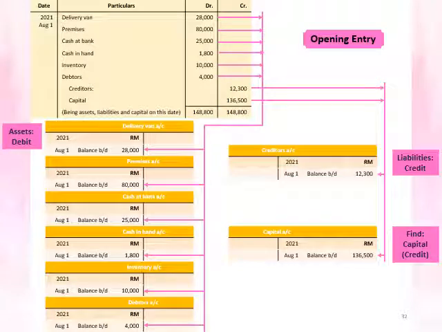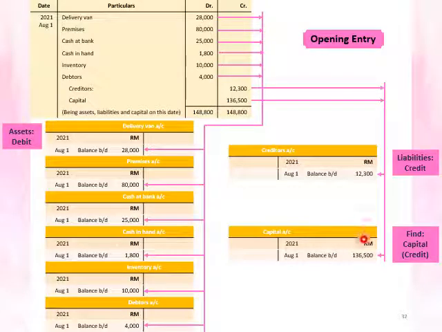Therefore, we will transfer all the asset items on the debit side on the relevant items, such as for the van, premises, cash at bank, cash in hand, inventory, and debtors account. All the items will be recorded on the debit side, while for the creditors, we will record the amount on the credit side.